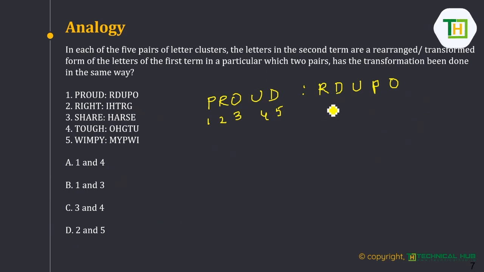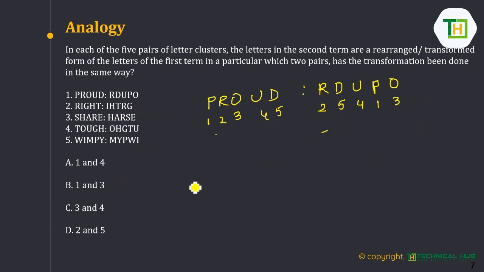R replaces in this place, so R means 2. D replaces in this place, U replaces here, P is in this place and O is in this place. So the actual order is 1, 2, 3, 4, 5, and it is coded as 2, 5, 4, 1, 3. Is the same logic applied to the fourth one or not?